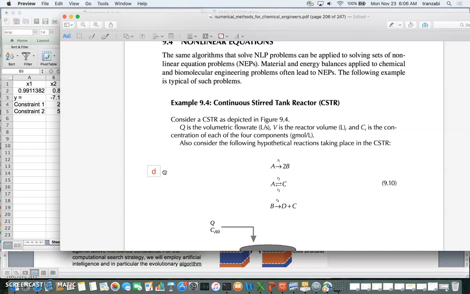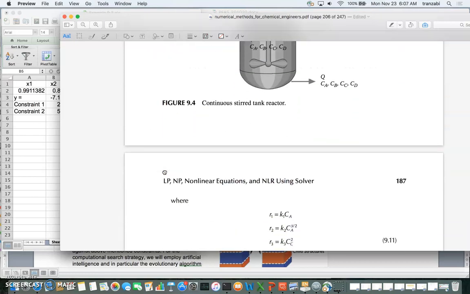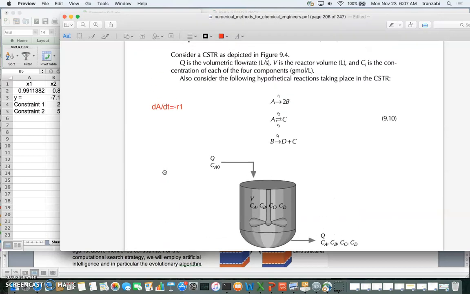So we're going to have dA/dt is going to be equal to minus R1. Yes, minus R1, because R1 is removing A and converts them to B, so it has to be minus. That means that the concentration of A is going to go down because of R1. And then minus R2.